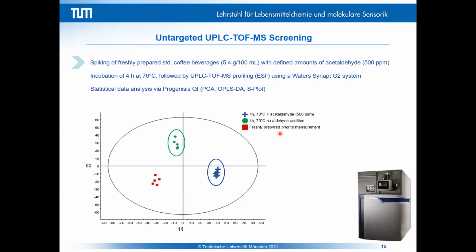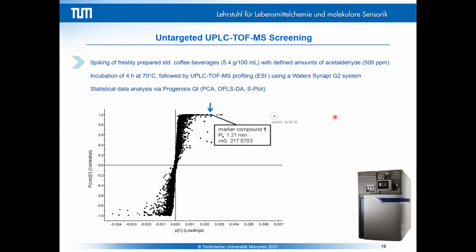And in order to pinpoint these differences between the sample groups, the stored samples with and without acetaldehyde were visualized within this similarity plot. Within this similarity plot, each of the black squares represents a feature of the TOF-MS analysis.